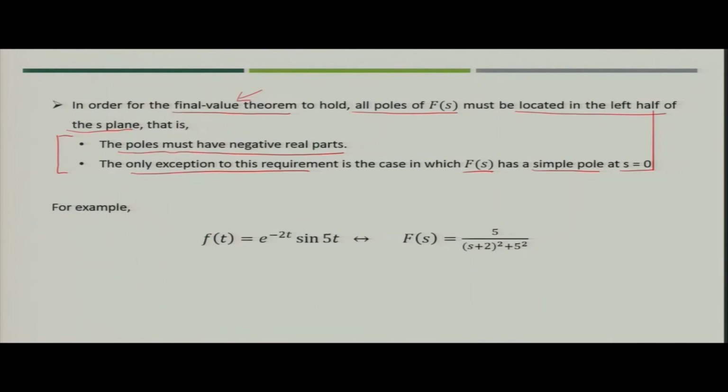Now, let us take an example. The function is f(t) equals e to the power minus 2t sin 5t. Its Laplace transform would be 5 divided by (s plus 2) whole square plus 5 square.